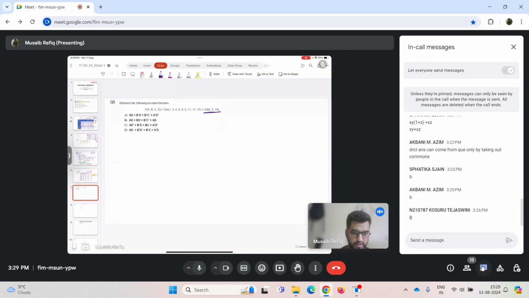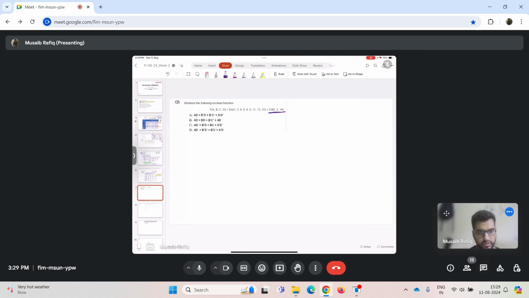Can anyone tell me what is this? Yeah, they are the don't care conditions, correct. So these are the don't care conditions.